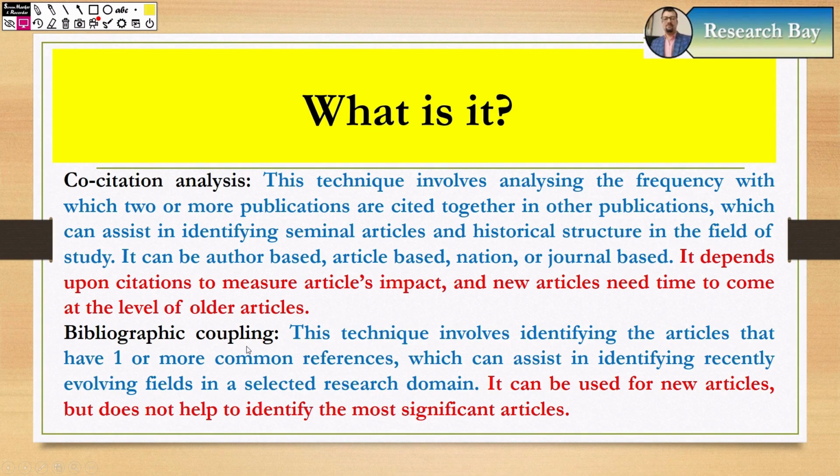Bibliographic coupling, however, can be used for new articles, but it does not help to identify the most significant articles, which is done through co-citation analysis. By most significant, we mean the articles which have received the maximum number of citations.